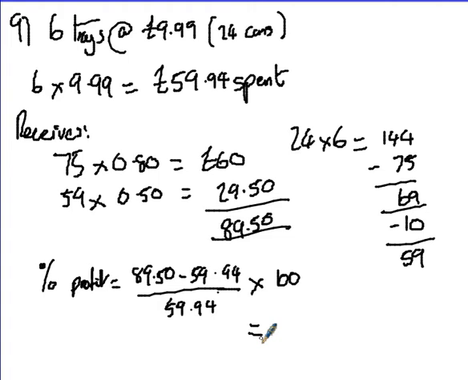And then it asks that to one decimal place, so 49.3% profit there in question 9.